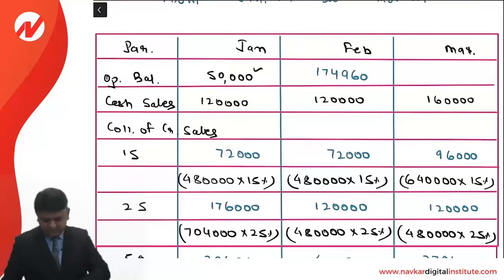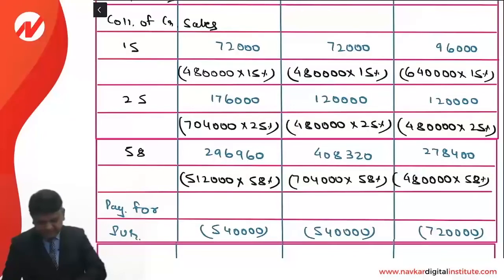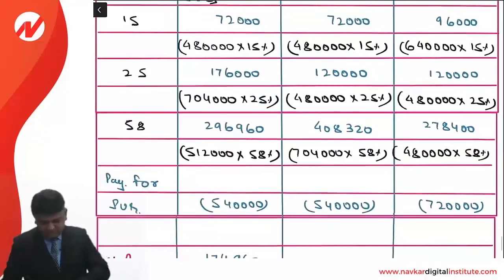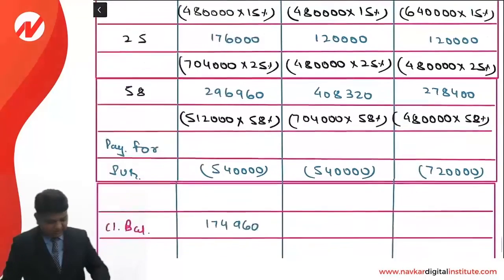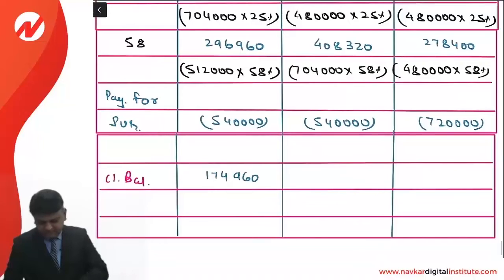1,74,960 plus 1,20,000 plus 72,000 plus 1,20,000 plus 4,08,320 minus 5,40,000. It is 3,55,280.